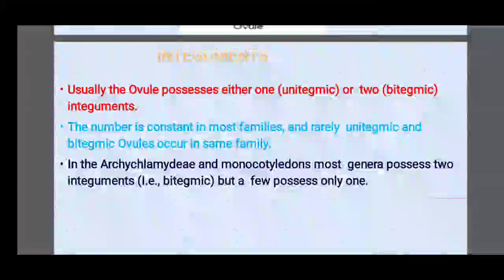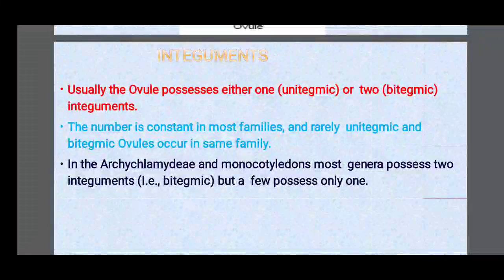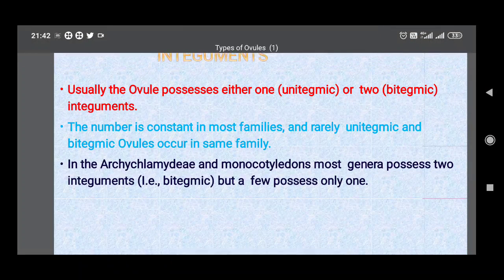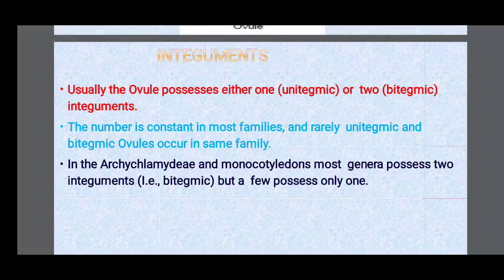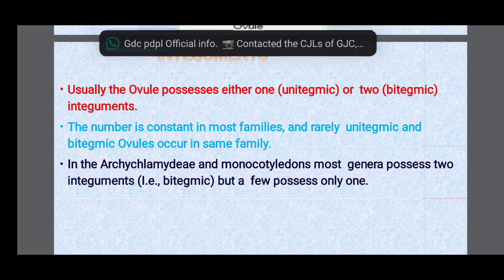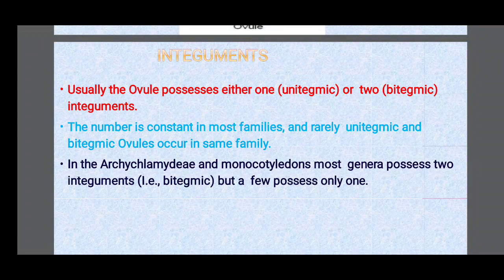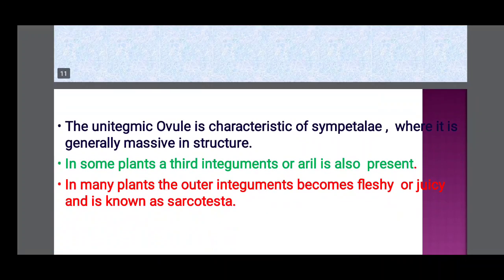In the Archichlamydeae and Monocotyledons, most genera possess two integuments, but a few members possess only one.